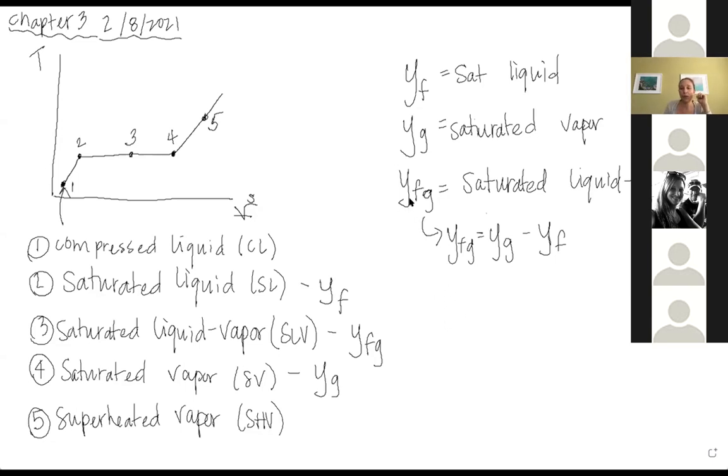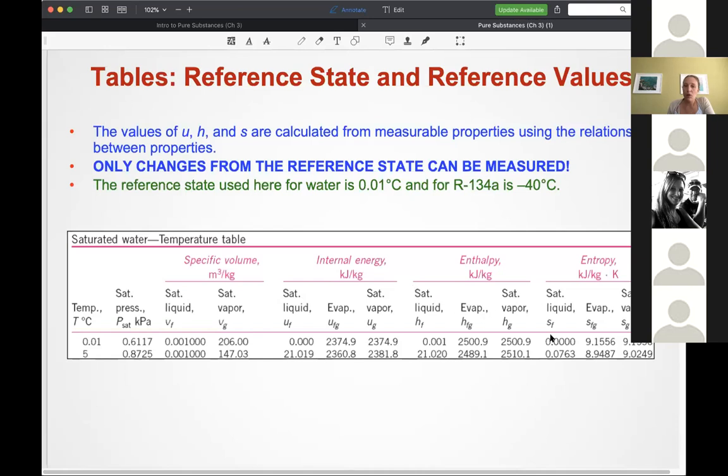So for some of your values, this is given. For some of them, you might need to calculate it. If we come back and look at the PowerPoint again, we can see here that we have our internal energy for a saturated vapor, our internal energy for saturated liquid.